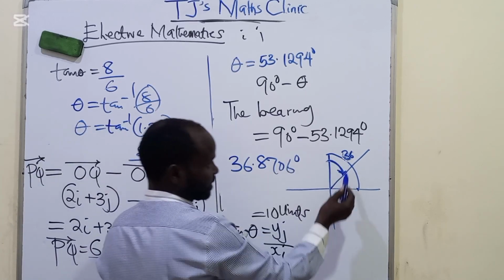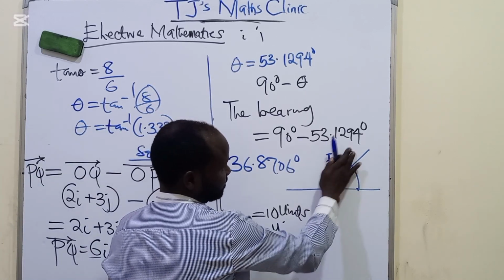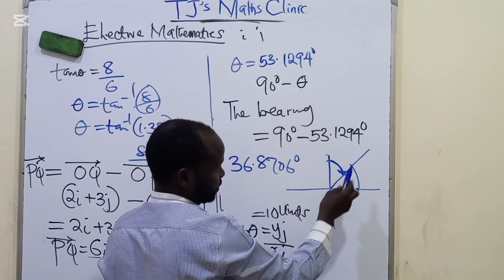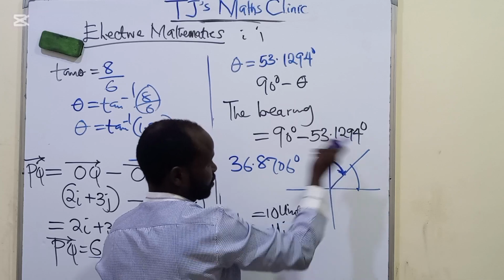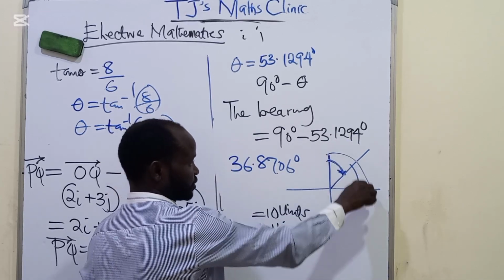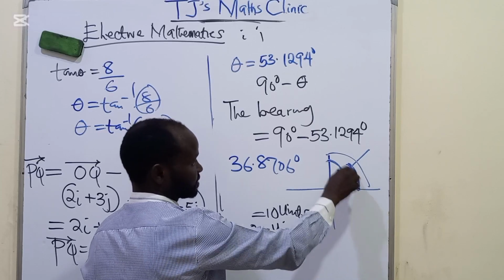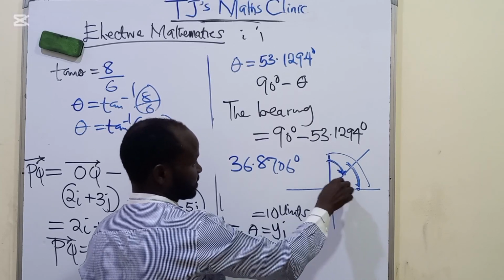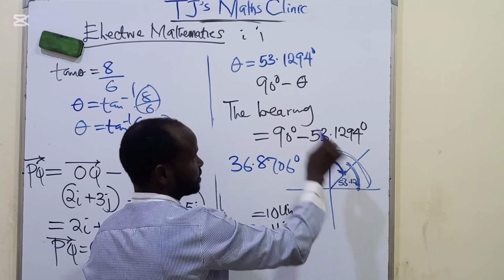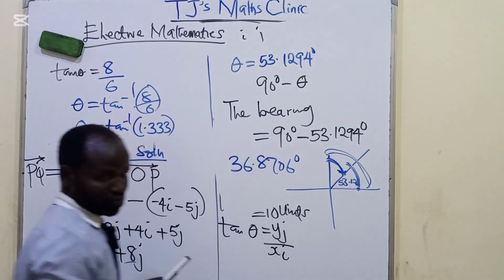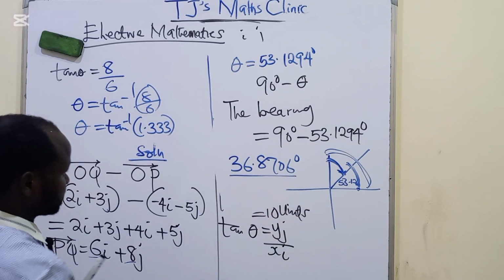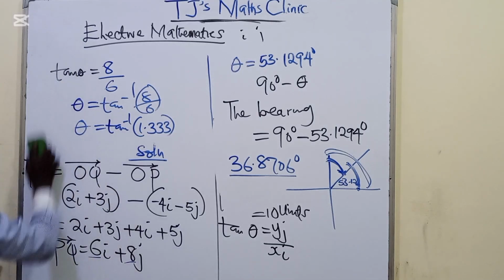And as I said, theta is 53.1294. So to find the bearing, which is this angle, it will be 90 degrees minus 53.1294. So this will be the direction.